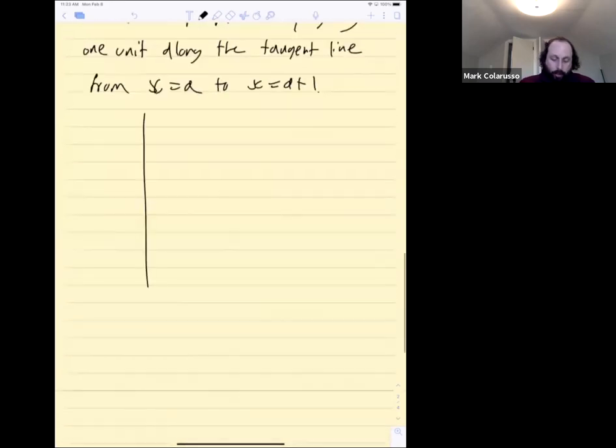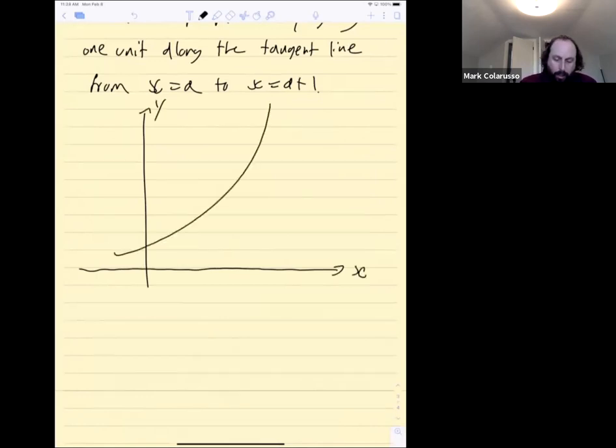Let me draw a picture of what this might look like. You'll see that this is not a bad approximation. It's pretty good, unless your function is really, really badly behaved.